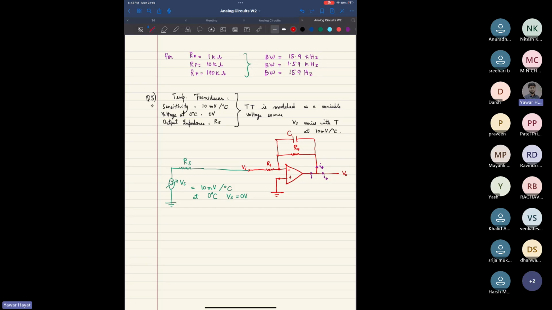You need to find the value of the RS. Find this value for which, yeah, please. Someone was saying something, right?